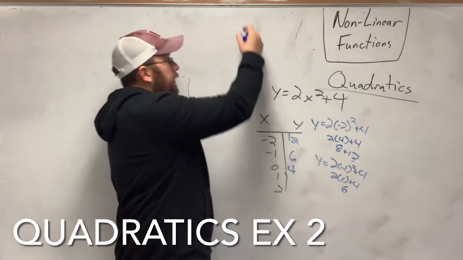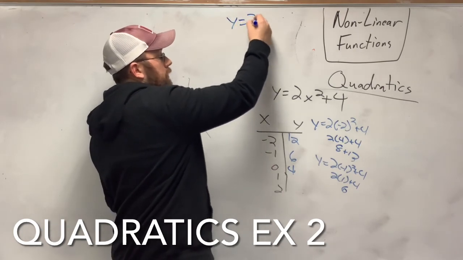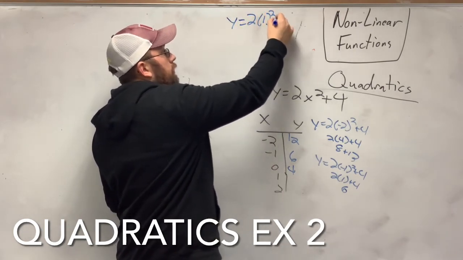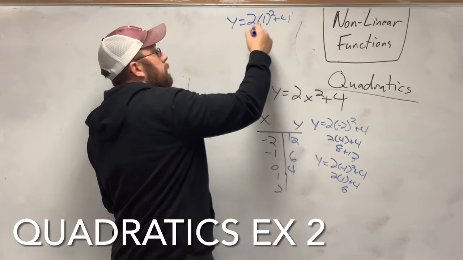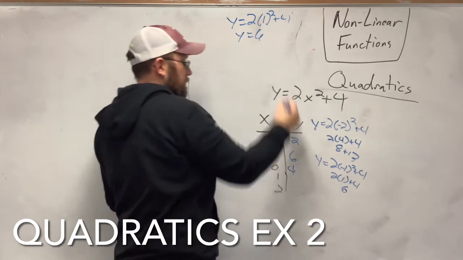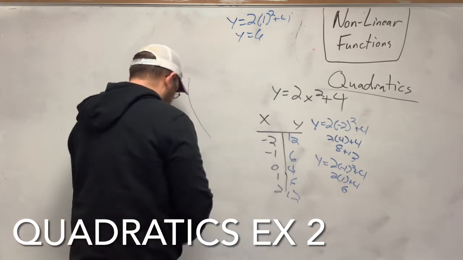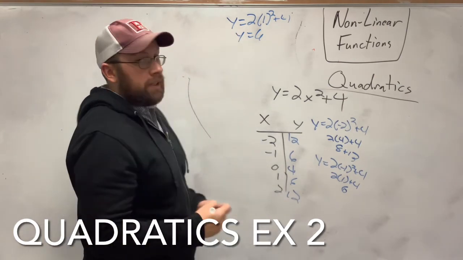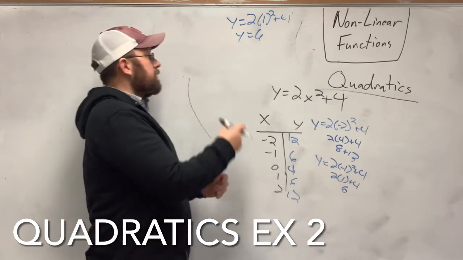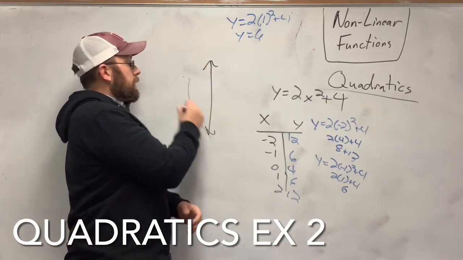Now we plug in 1. So that's 6. So I know this is going to be 12. Now we graph it. This is all about plugging stuff in. If you can plug stuff in, you can find the answers. This is y.